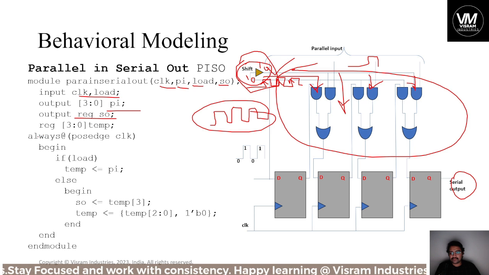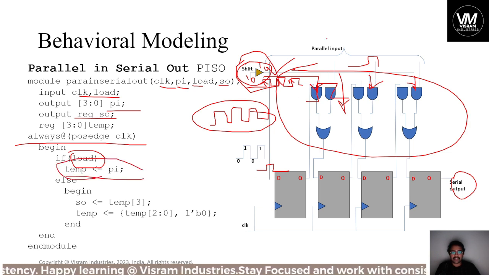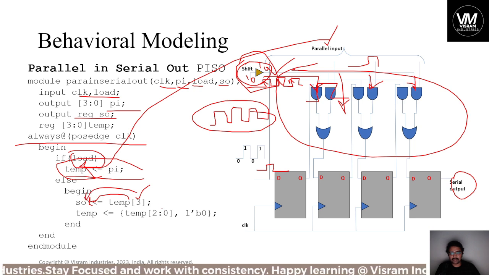And always at the passage of the clock, if load is set and you have some data here, then whatever the value in the parallel input is transferred to the temporary variable, and from that temporary variable each bit will be given to the output. So the last bit will be sent through the serial output, and all the remaining bits will also be sent through the temporary variable.